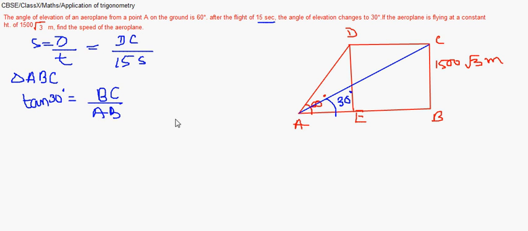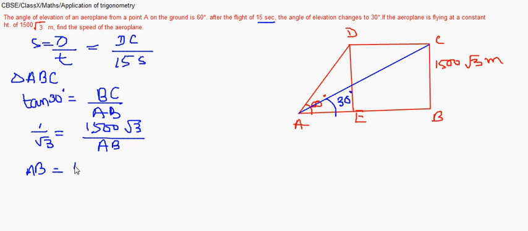Right? So tan 30 is 1 upon root 3. BC is 1500 root 3 by AB, which is the unknown. I continued that below so that I can use the rest of the space for more calculation.